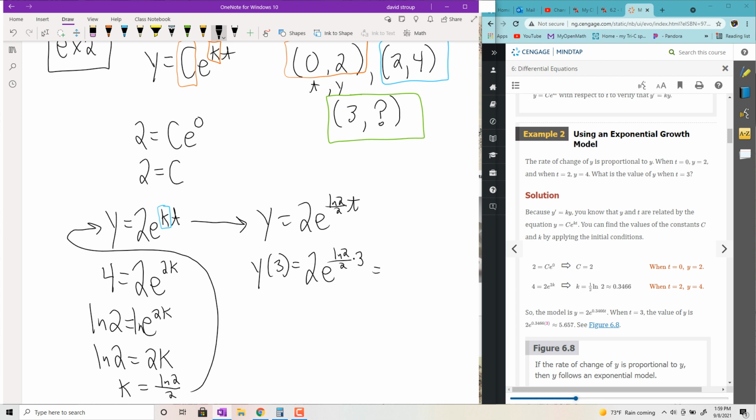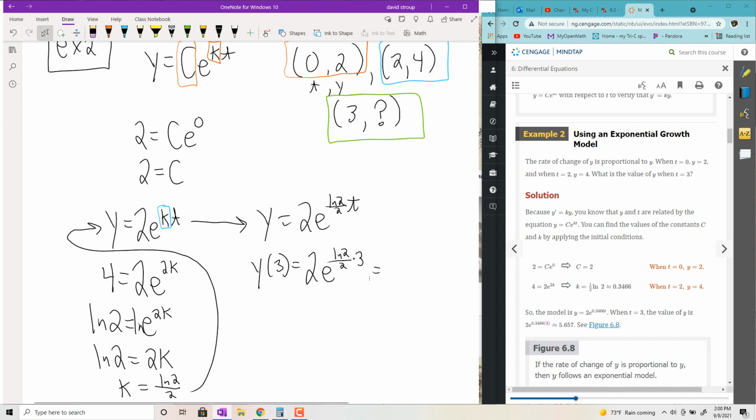I just want to make sure I get what the book gets, right? So clear, 2 e to the ln of 2 divided by 2 times 3 equals 5.6 something.